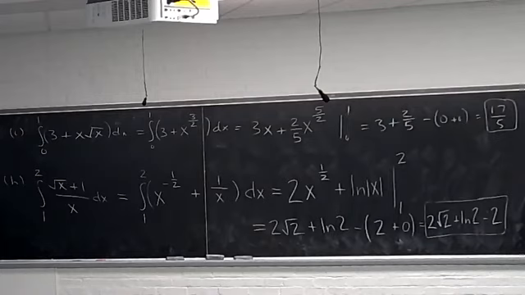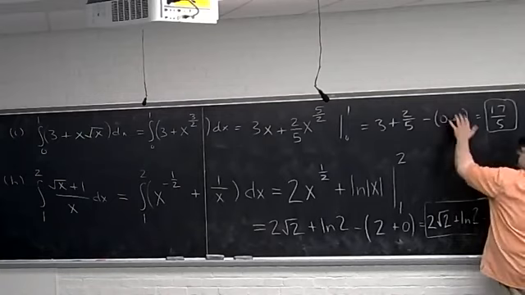So I'd like you to notice something about parts G, H, and I. Notice in part I, the fact that one of those bounds was 0 made our eventual computation much less tedious, because we got zeros.